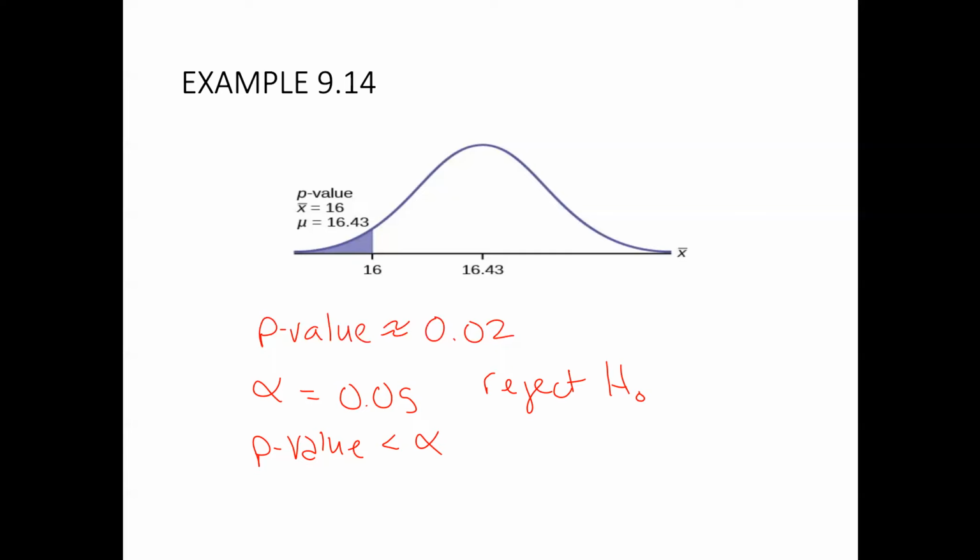Your sample data supports the conclusion that the swimming goggles made a difference, that he's actually swimming faster on average than he did before. We are supporting the alternative hypothesis that the mean time to swim the 25-yard freestyle is less than 16.43.